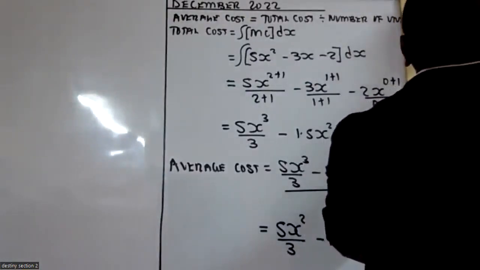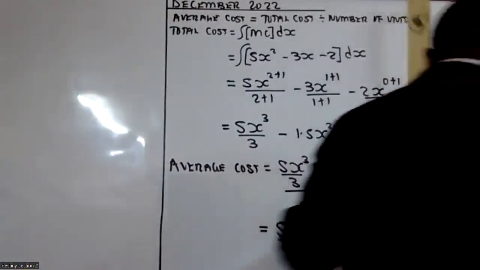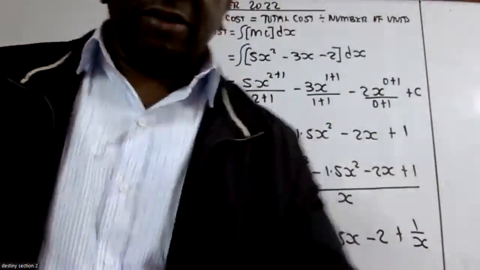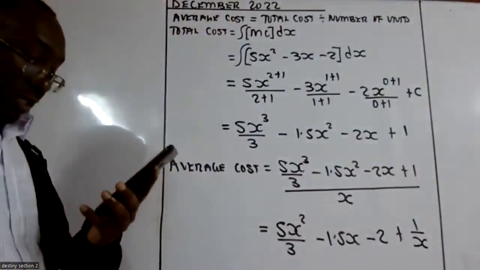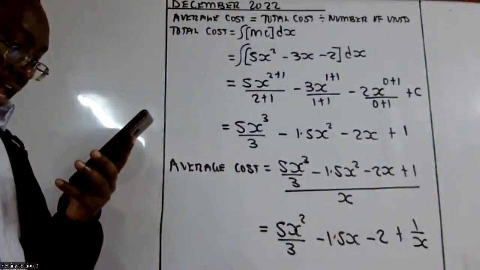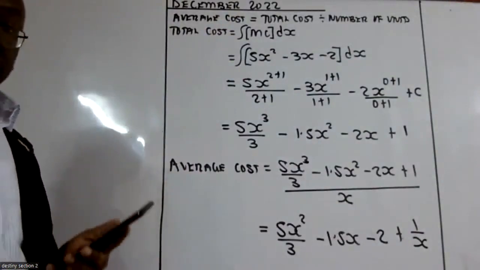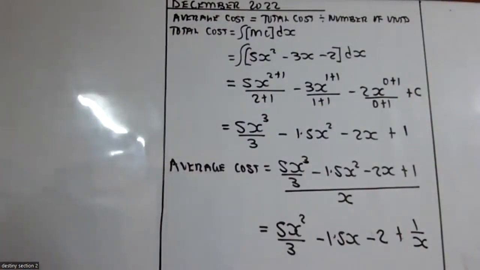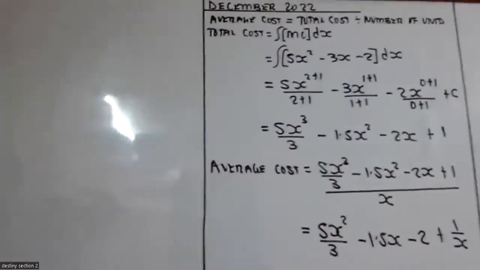So if that is the average cost, the next thing that we are told to develop is the average revenue.